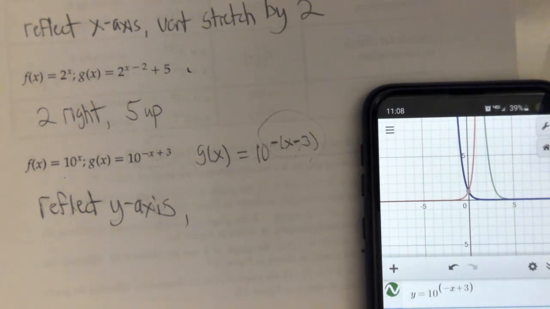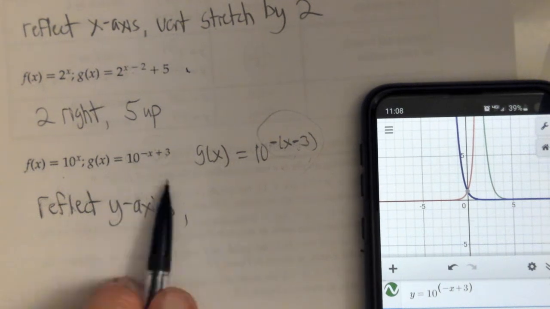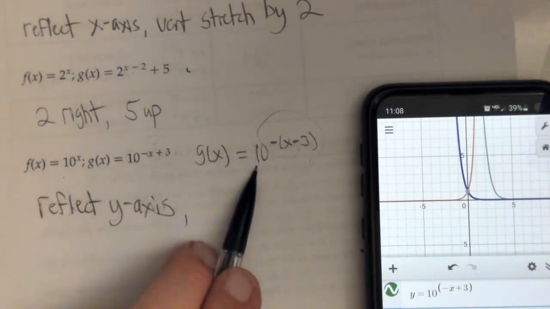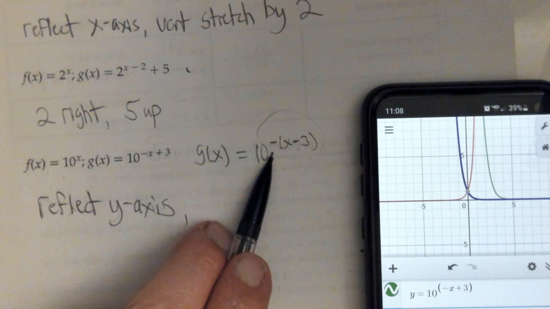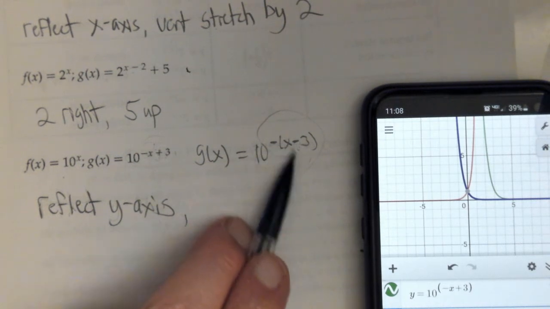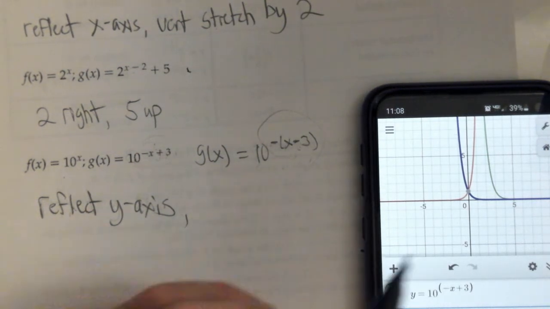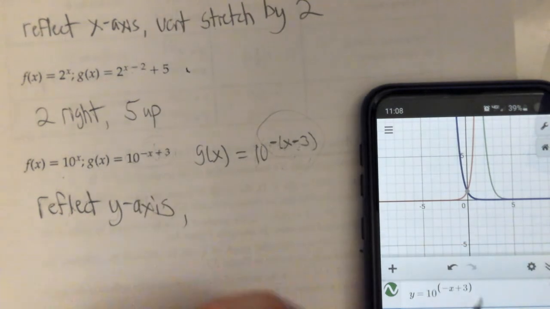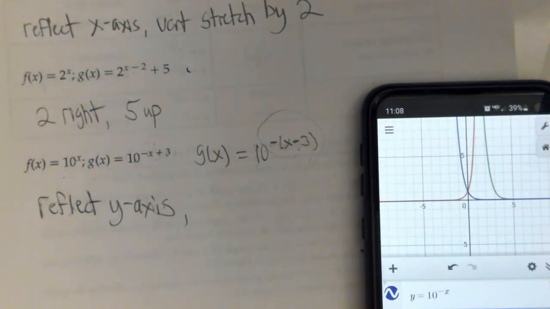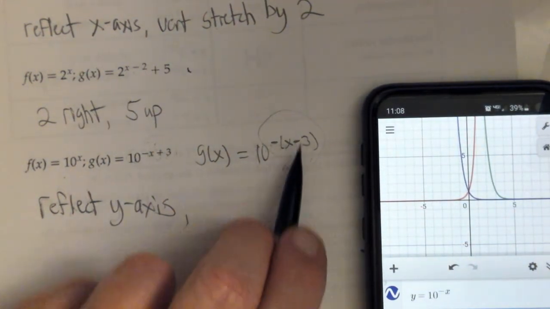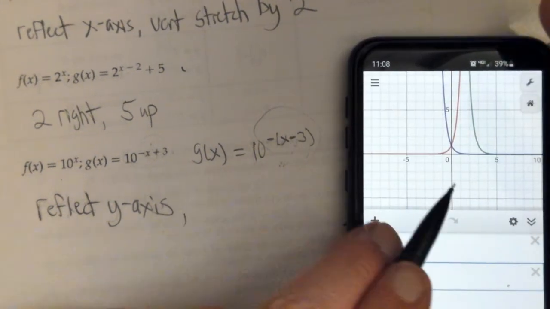So be careful there, because this can be written as 10 to the negative, open parentheses, x minus 3. If you wanted to verify, we could write this function this way and graph it on here and see if it's the exact same.